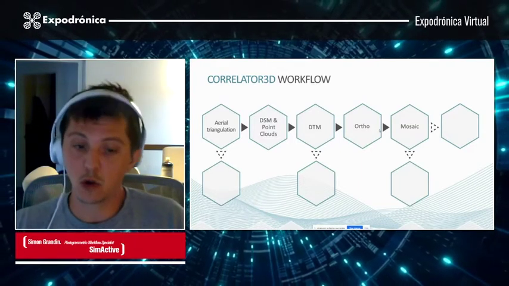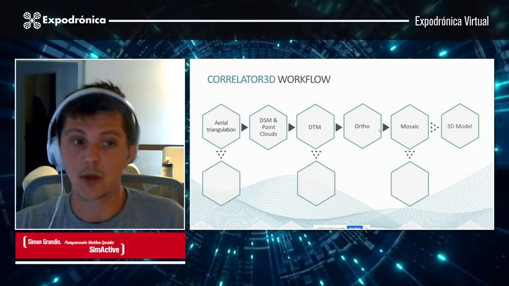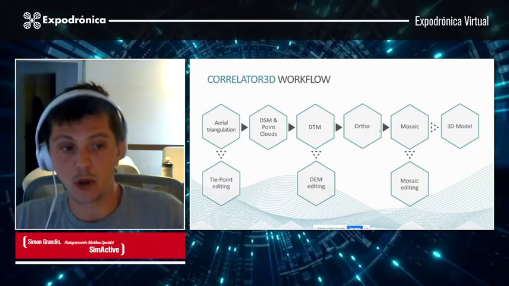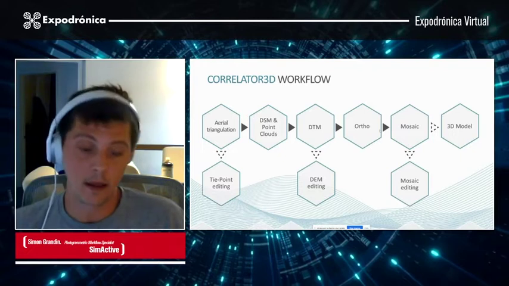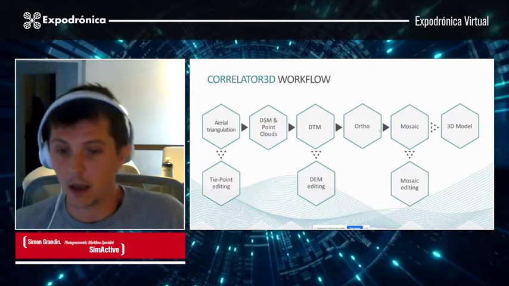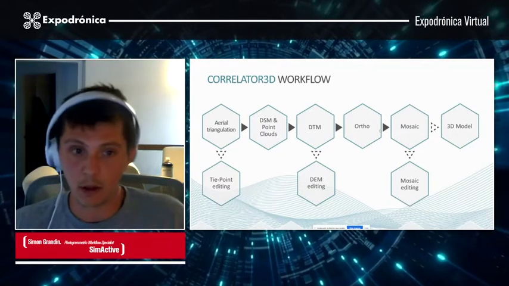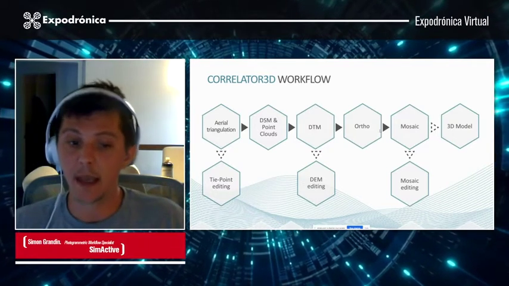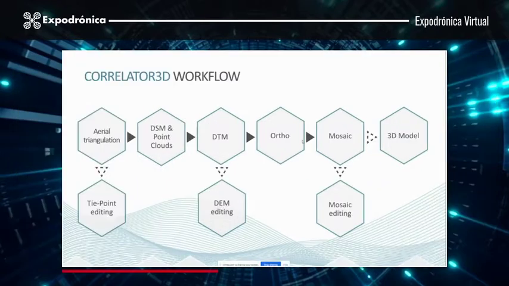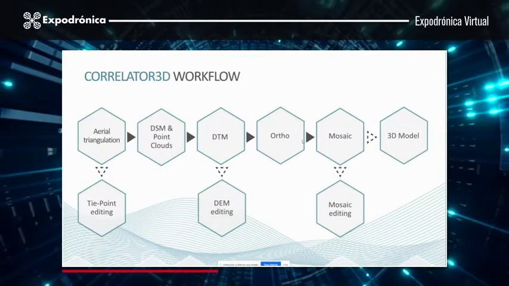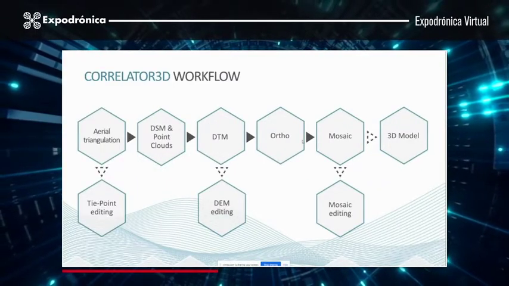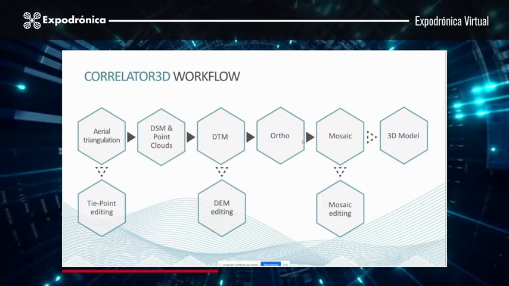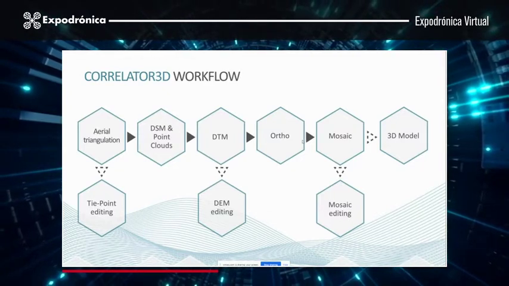With all those modules, we also have different add-ons. For the aerotriangulation module, you can do tie point editing, ground control point tagging, or checkpoint editing. We also have a strong DEM editing module, which allows users to get results as accurate as possible and full control over their data for editing their surface or terrain model.